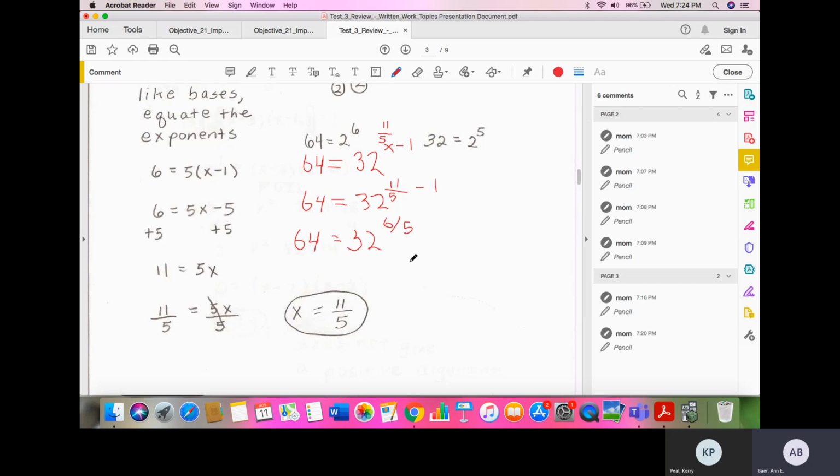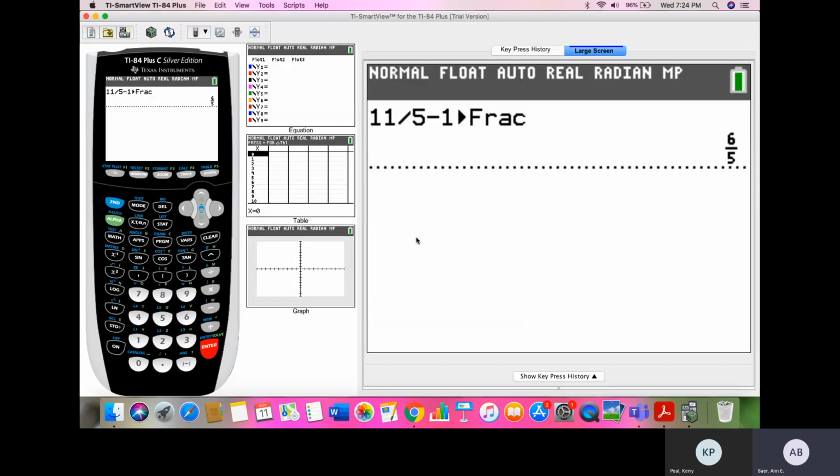So now let's go back to the calculator and check this side to see if it truly is equal to, let me just check that, 6/5, yeah. We want to see if 32 raised to the 6/5 power is indeed 64. So I'm going to write that down. We've got 32 to the 6/5. Let's go back to the calculator.